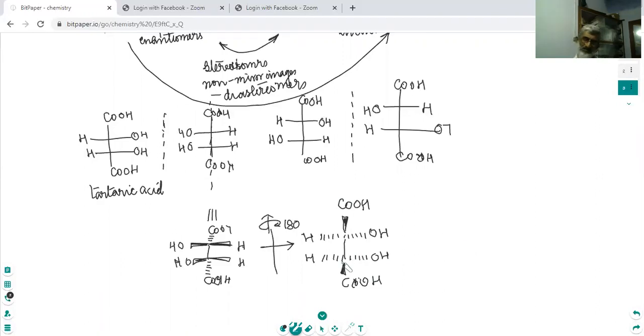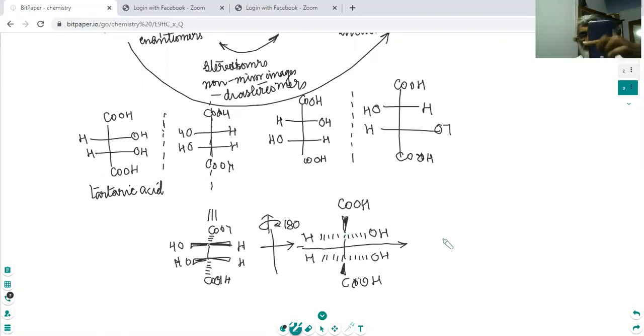But remember, this is not this molecule, because this is not a Fischer projection. Now what you have to do is along this axis, rotate it 180 degrees again.